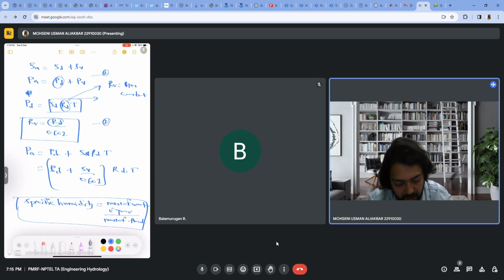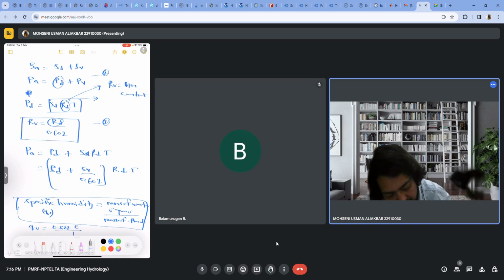So that equation could be QV, which is nothing but specific humidity. So QV is nothing but 0.622 into E upon P, where E is vapor pressure and P is atmospheric air pressure.